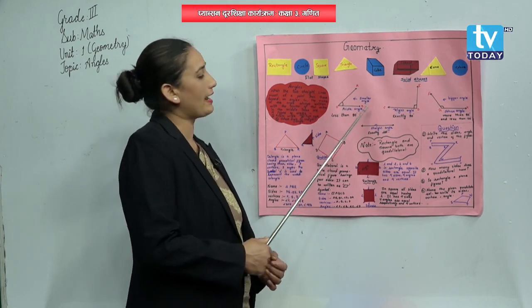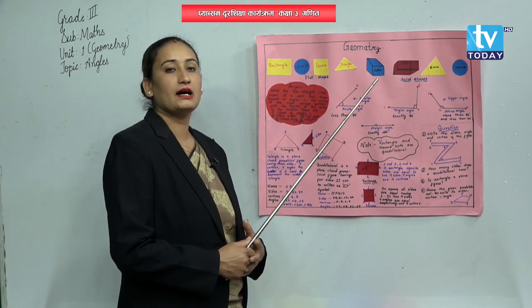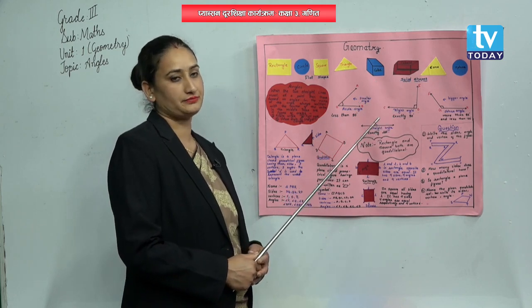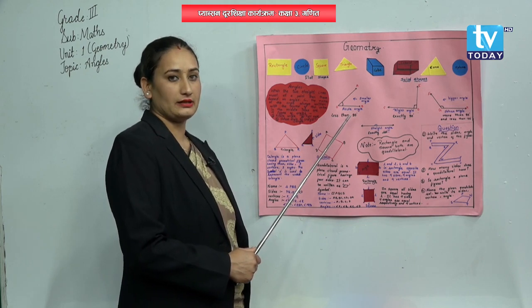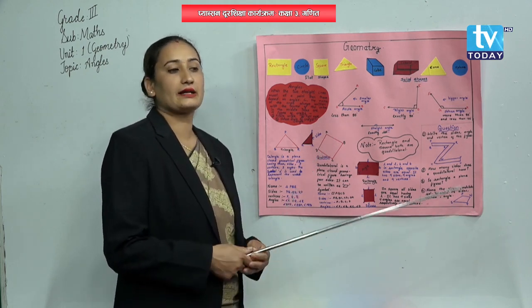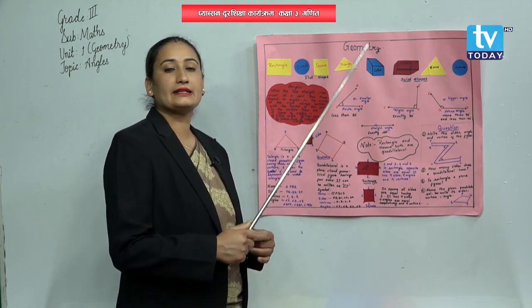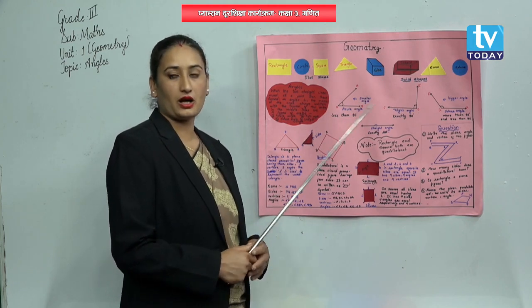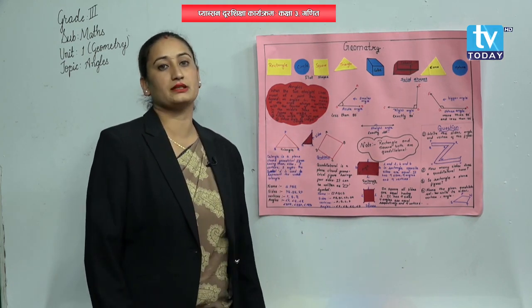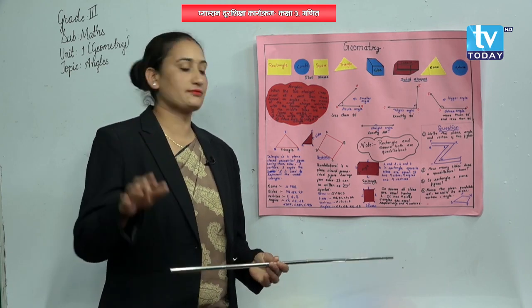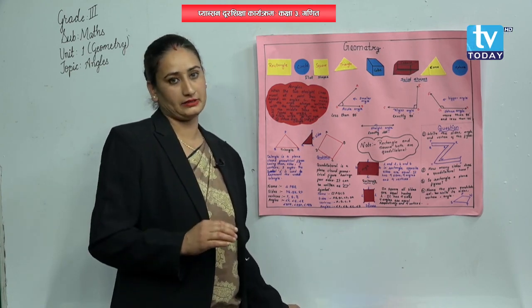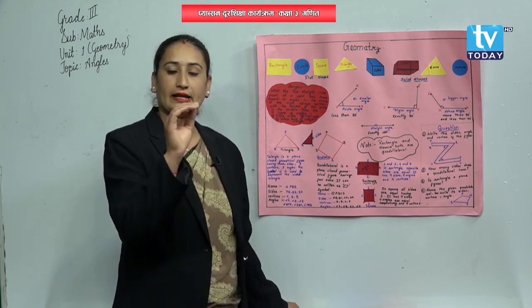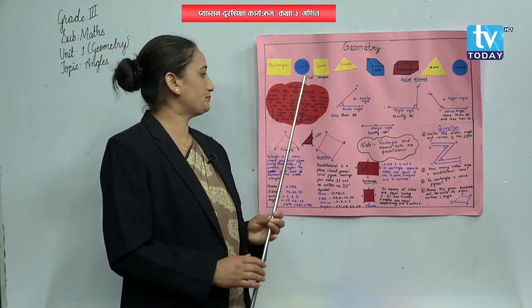This smaller angle we call an acute angle. I have written it here, acute angle, and this acute angle is less than 90 degrees. It always makes an angle greater than 0 degrees and less than 90 degrees.